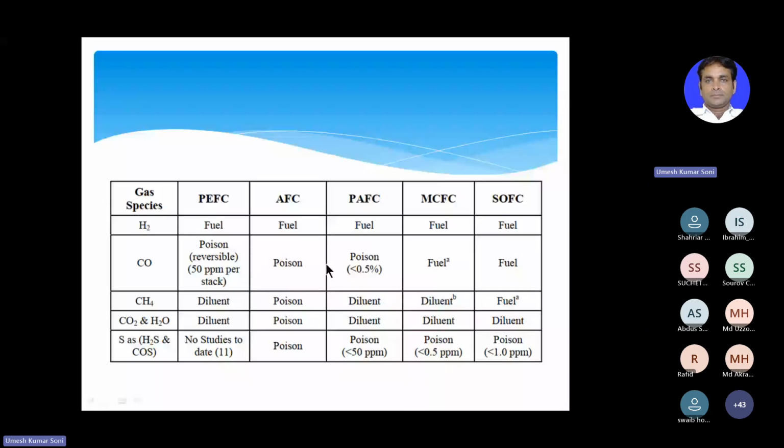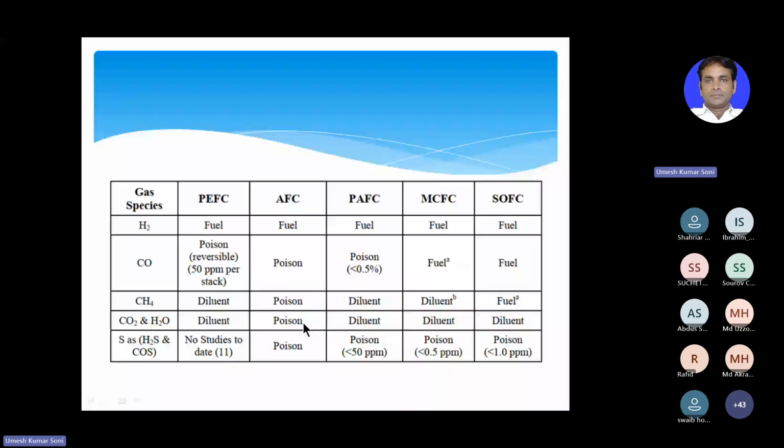Here the carbon monoxide is working as the fuel for the MCFC, molten carbonate fuel cell. Okay, CH4 is the diluent here, and poison here, and this is diluent. Here carbon dioxide and hydrogen, and this water is used for making the electrolyte.